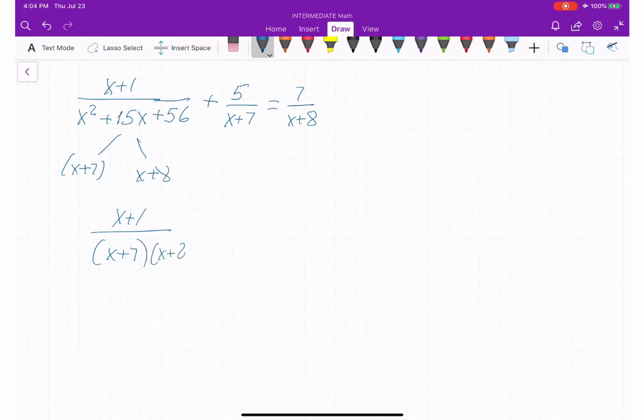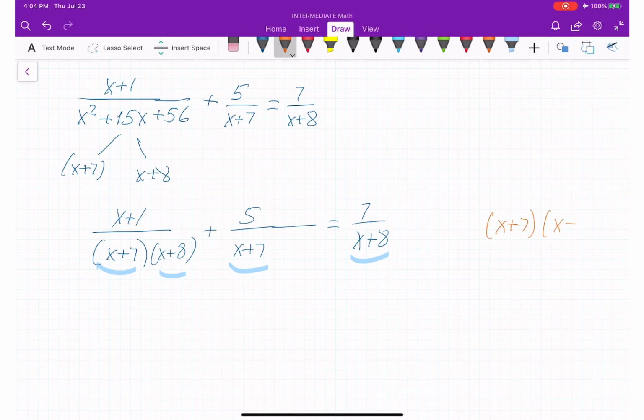What is going to be the common denominator? Here we have x plus 8, here we have x plus 7, here we have both of them. So the common denominator is going to be x plus 7 times x plus 8.